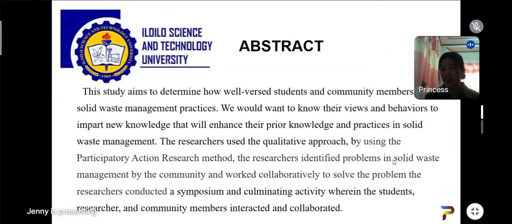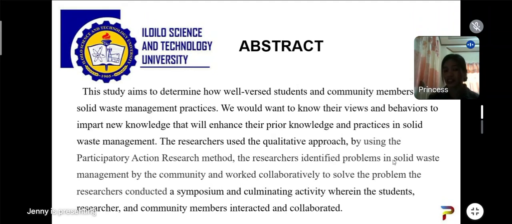Here is the abstract of our study. This study aims to determine how welfare students and community members are in solid waste management practices. We would want to know their views and behaviors to impart new knowledge that will enhance their prior knowledge of practices in solid waste management.